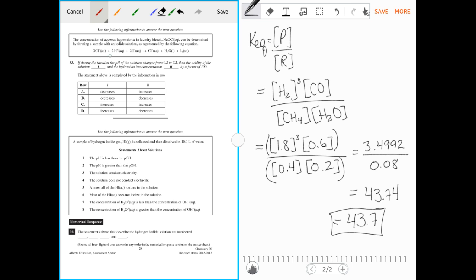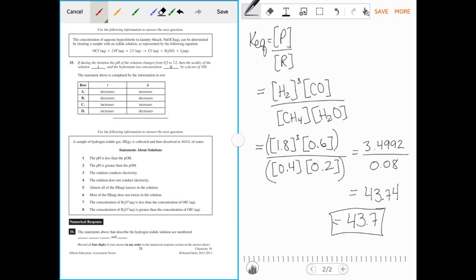Okay, perfect. So the pH of the solution changes from a 9.2 to a 7.2, then the acidity of the solution either increases or decreases, and the hydronium ion concentration increases or decreases by a factor of 100. So when we take a look here, we will see that we have our hydrogen on my left-hand side, and we're talking about the acidity of the solution, and we are looking at the pH change from a 9.2 to a 7.2.